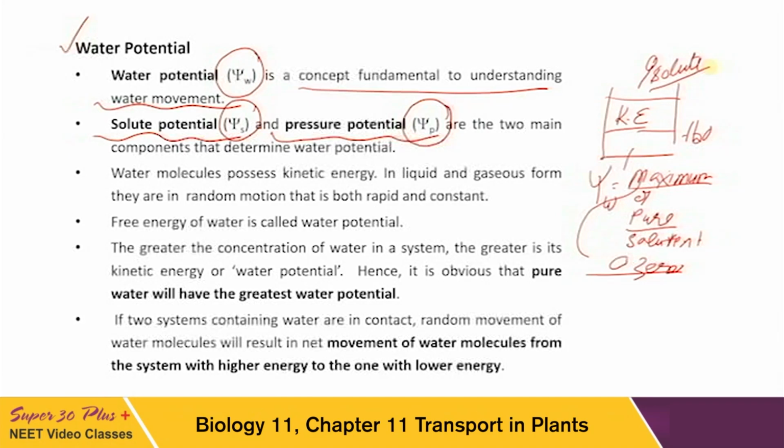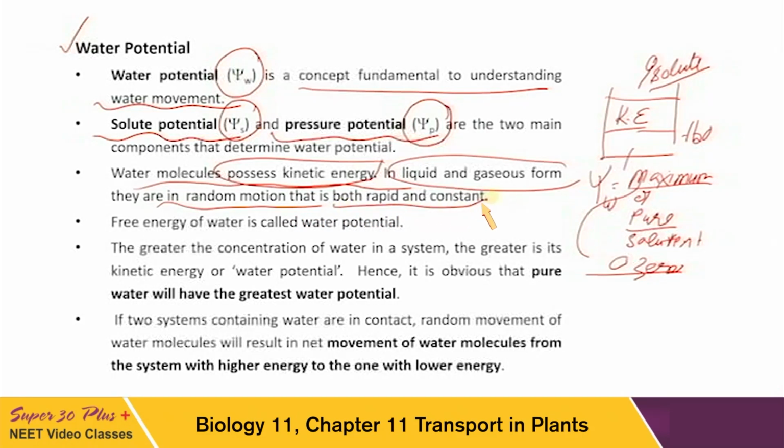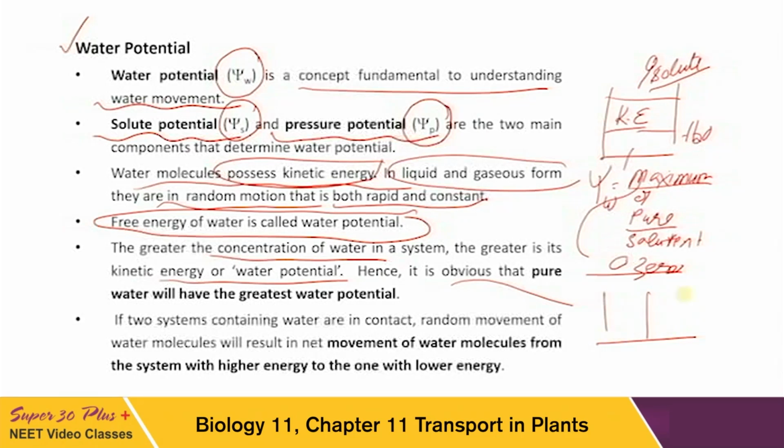Remember this thing. The water molecules possess kinetic energy in liquid and gaseous forms; this is random motion, both rapid and constant. The free energy of water molecules is known as water potential. The greater the concentration of water in a system, the greater is the kinetic energy and water potential. You can see what I mean by this. Let 2 be pure water and let 1 be solution 1.